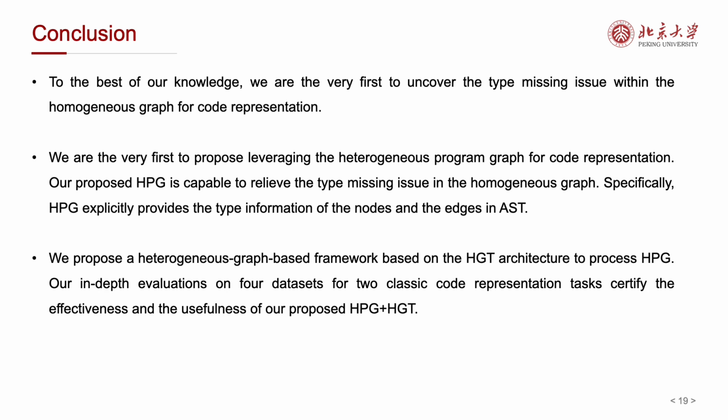Specifically, HPG provides the type information of the nodes and the edges in AST. We propose a heterogeneous graph-based framework based on the HGT architecture to process HPG. Our extensive experiments certify the effectiveness and the uniformness of our proposed HPG-HGT.